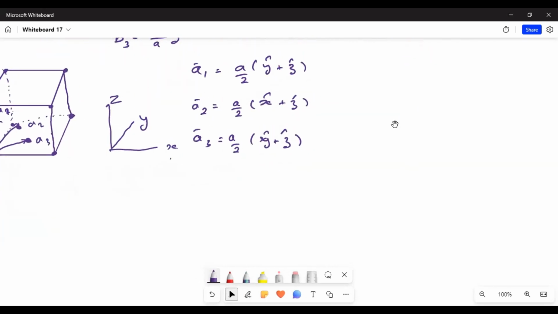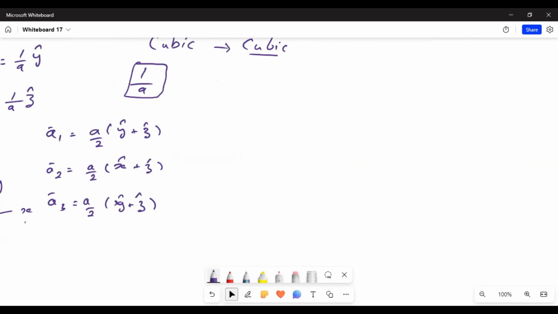Now for them, let's do B1, which we defined as A2 cross A3 upon A1 dot A2 cross A3.